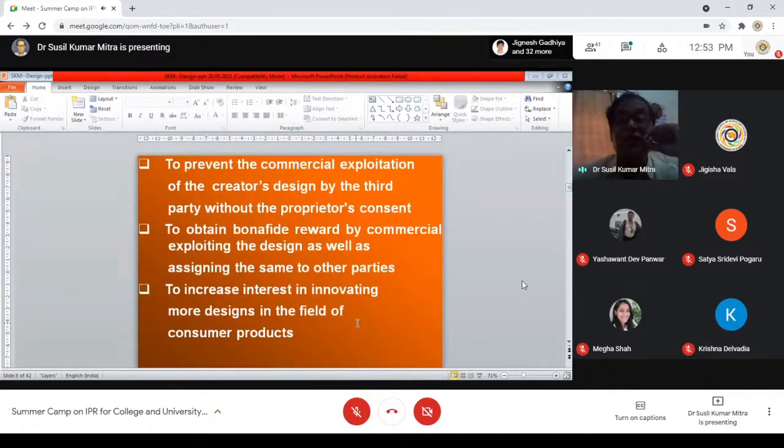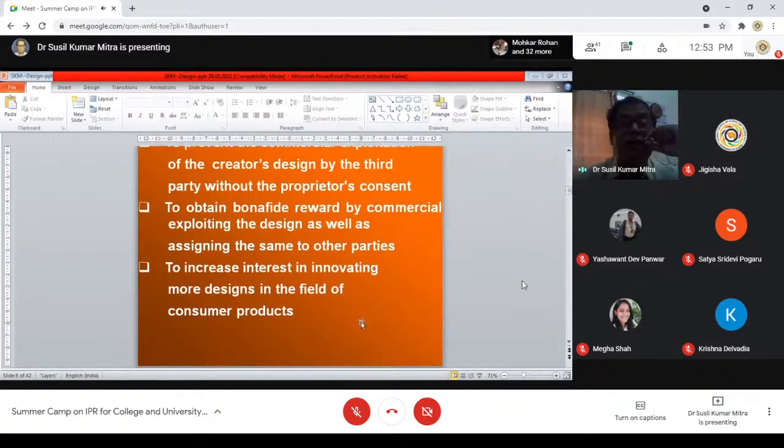The benefit is to prevent commercial exploitation of the creator's design by a third party without the proprietor's consent, to obtain a bona fide reward for commercial exploitation, and to increase interest in innovating more designs in the field of consumer products, particularly as you are getting a reward in the form of monopoly of right and licensing your right, to make the product more and get market leadership.